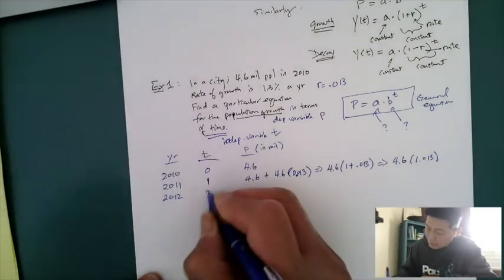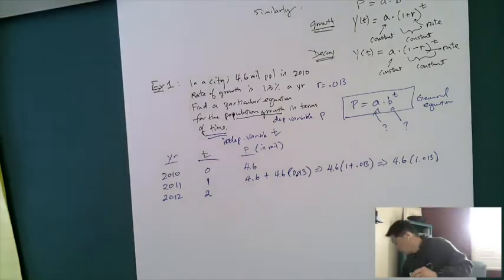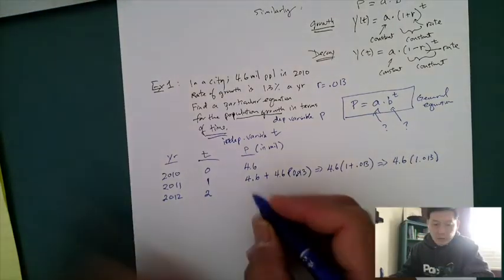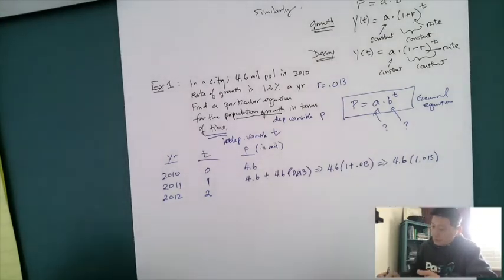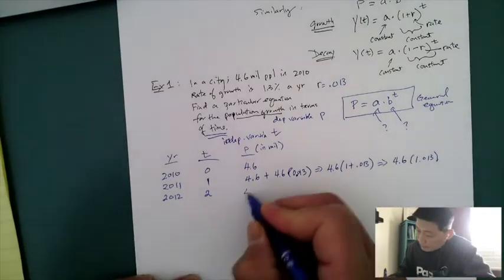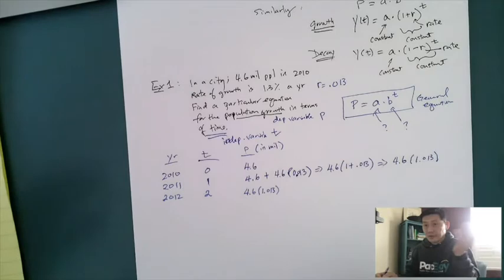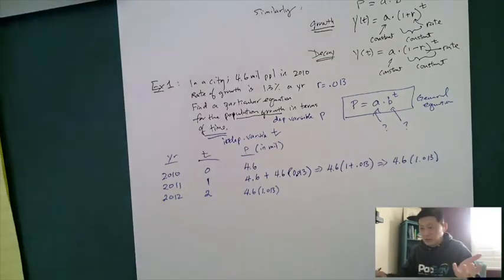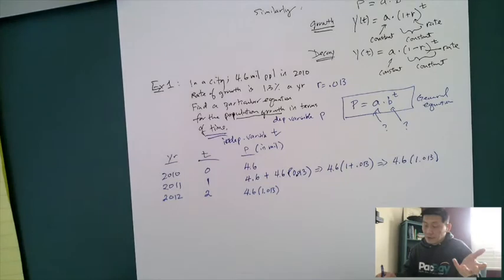2012, t is equal to 2. So you want to take the previous year's population, which is 4.6 times 1.013. That's the previous year, where we ended up with this one. And then 1.3% of that previous year's population.